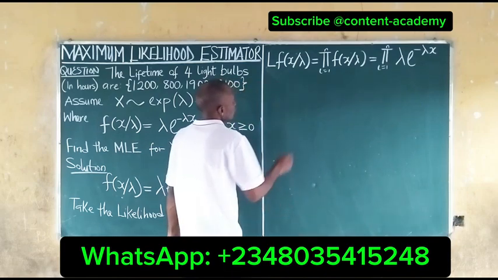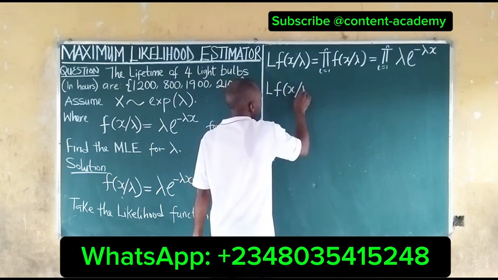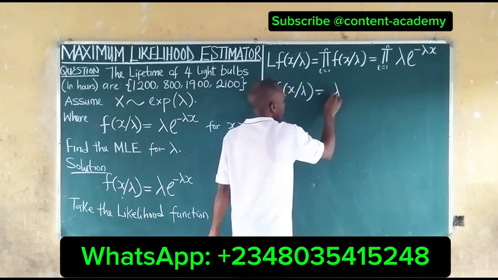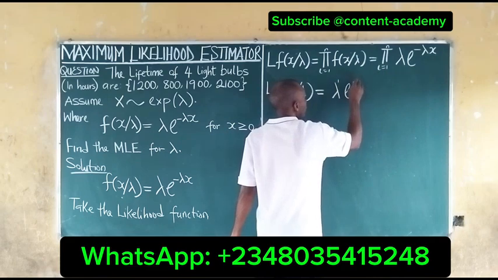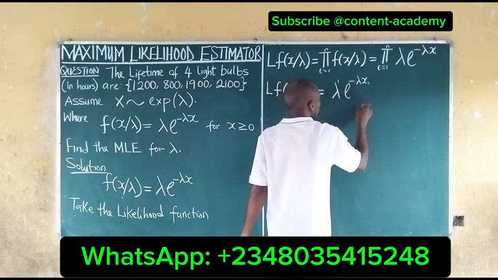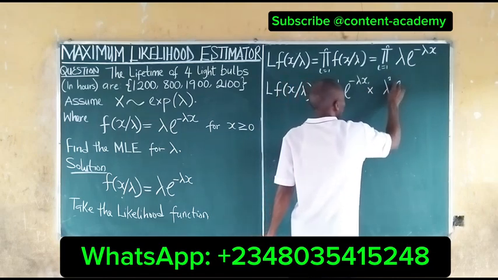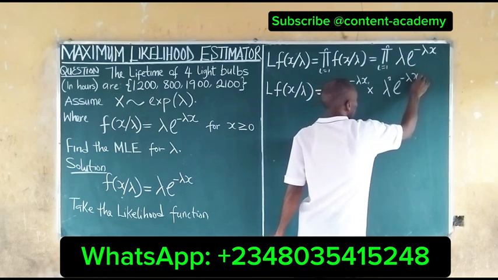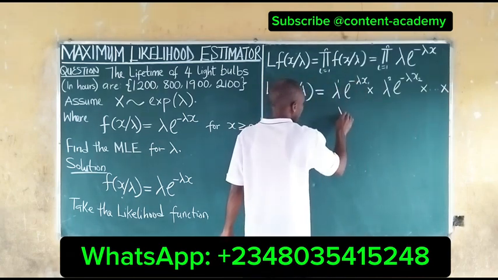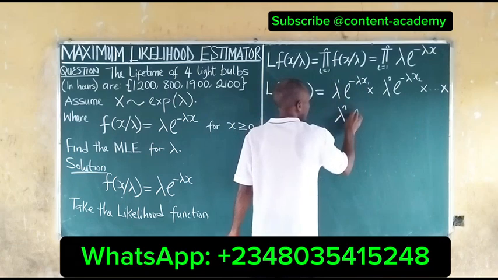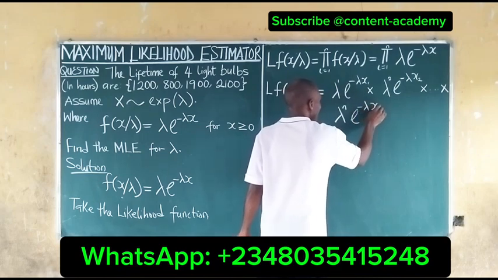Of course, if we take the product, this means lambda exponential negative lambda x1 multiplied by lambda exponential negative lambda x2, up to lambda exponential negative lambda xn.